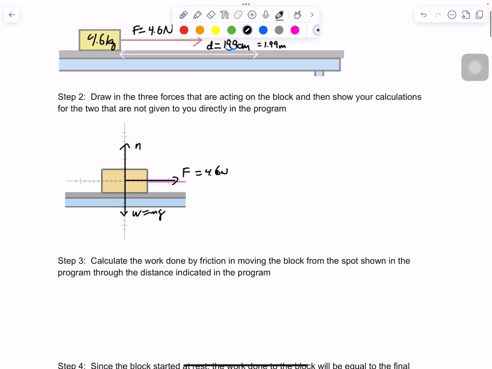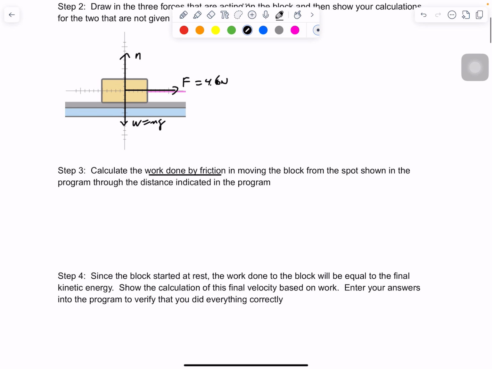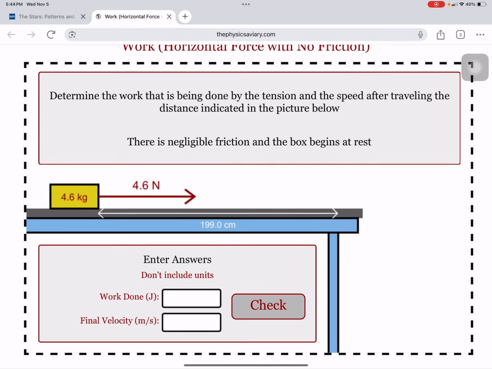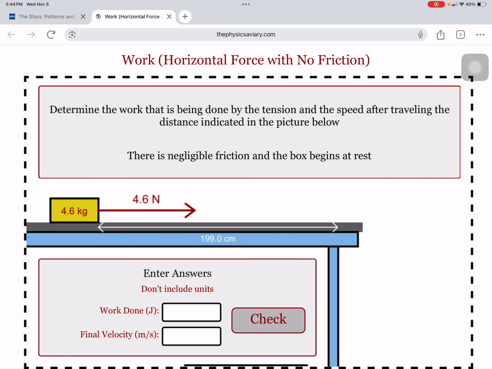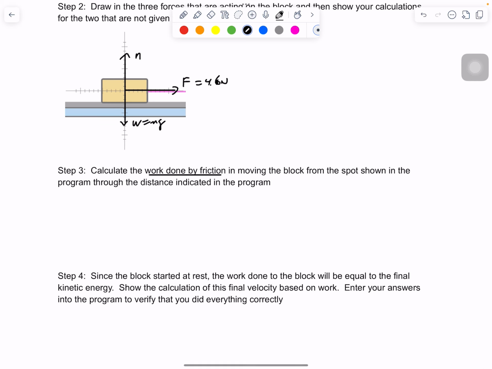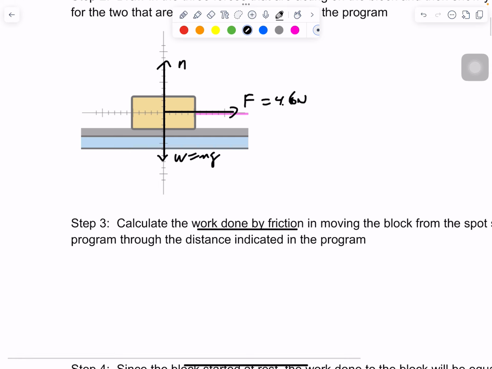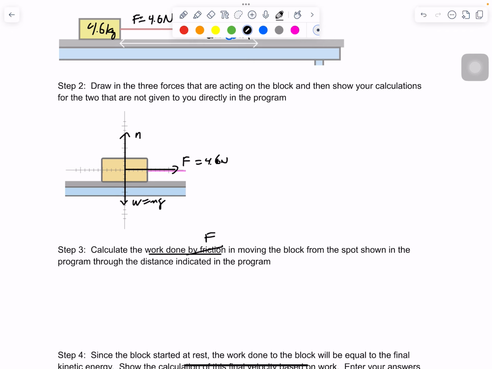Then we're going to calculate the work done on the block, entering the work done and then the final velocity. Now, it's weird. It's saying find the work done by friction, but no, it's going to be the work done by the applied force, by F.